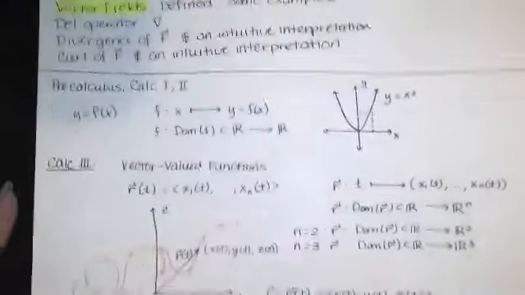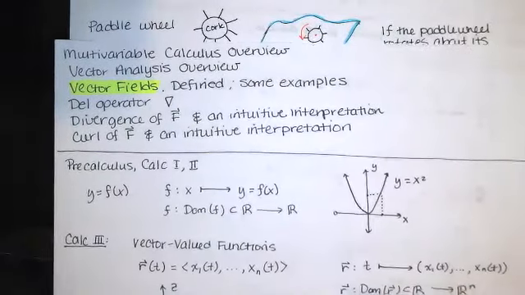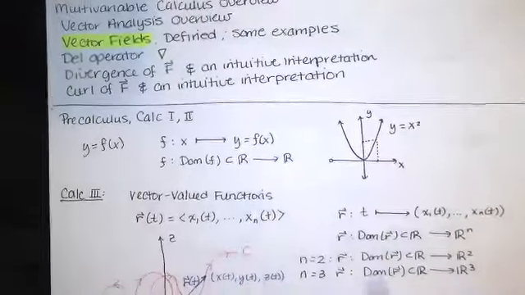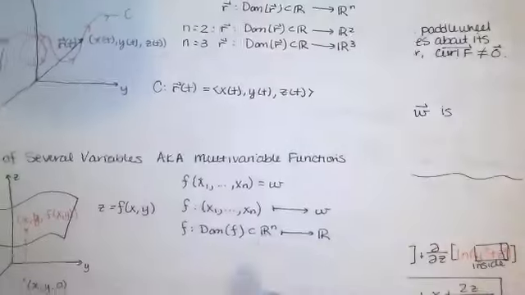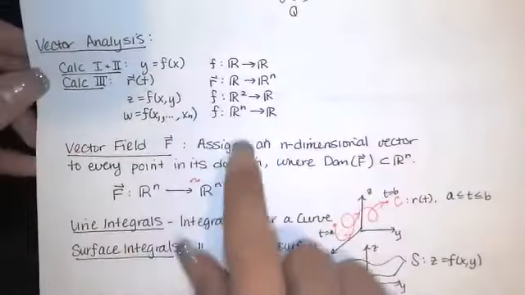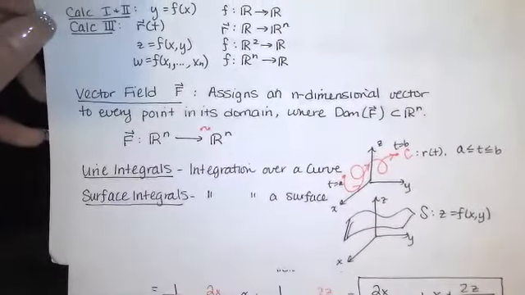So we started this video by talking about multivariable calculus and how we used to map from R into R. In Calc 3, we mapped from R into Rn, and then Rn into R. And then finally, in this chapter, we started mapping from Rn into Rn with vector fields.